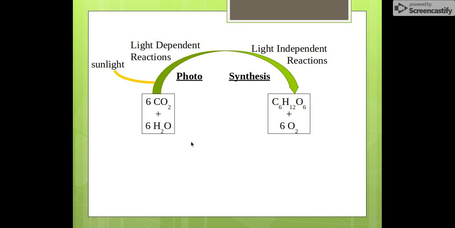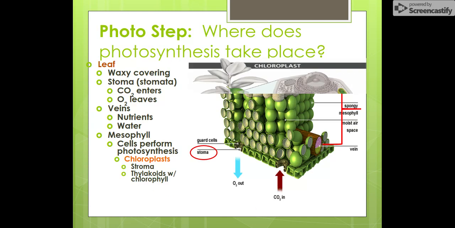So here we show pretty much the same thing, but in a slightly different format. We see our carbon dioxide and water, add our sunlight, and we get our light-dependent reactions. So we actually split photosynthesis into two separate parts in how these reactions are occurring. Then we have our light-independent reactions, and then we end up with our glucose and our oxygen.